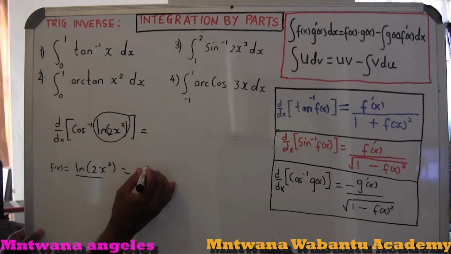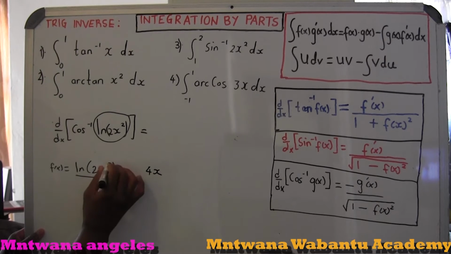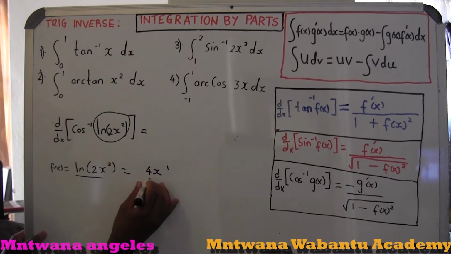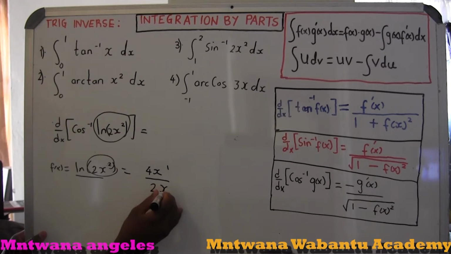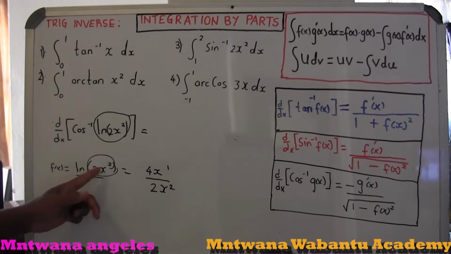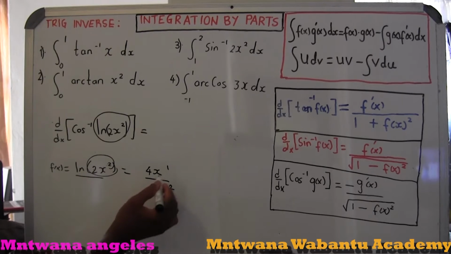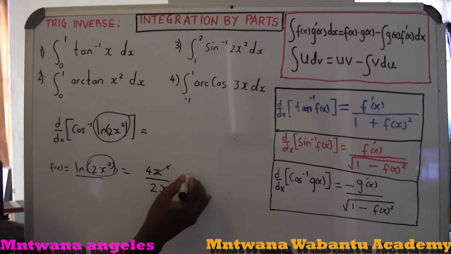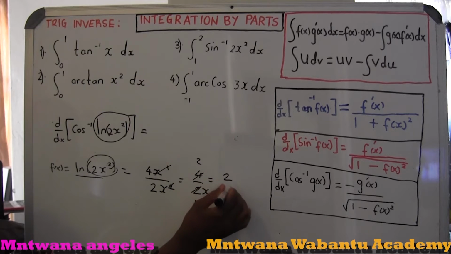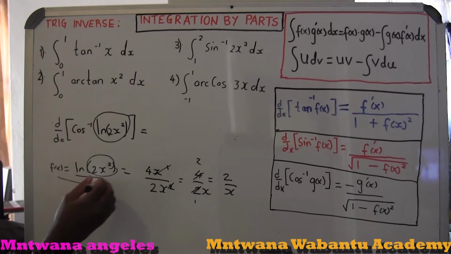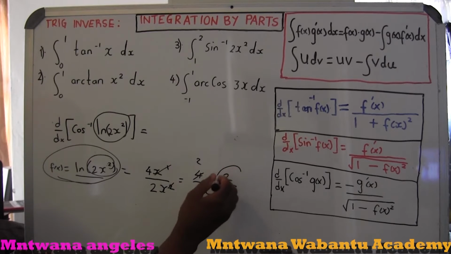The 2 comes down to give 4x, and 2 minus 1 equals 1, then over exactly 2x squared. Take whatever you have inside, differentiate to get 4x, and then put it over the function exactly. Now you can simplify: x and x cancel, so it's 4 over 2x, which is 2 over x. So if I differentiate all of this function, it gives me 2 over x.